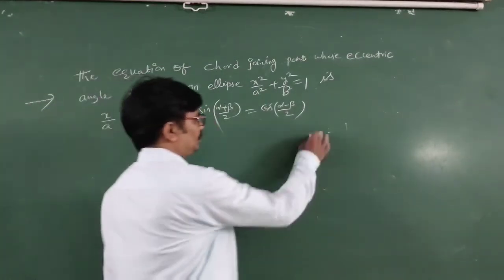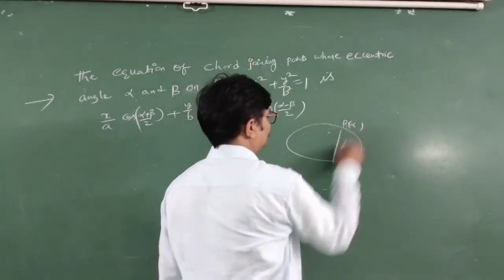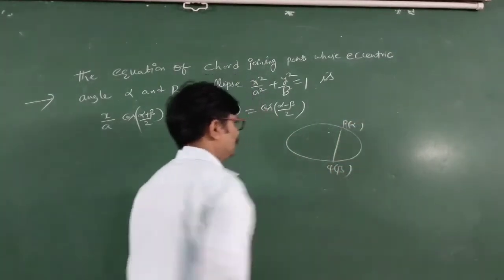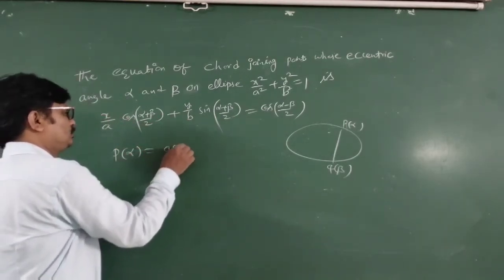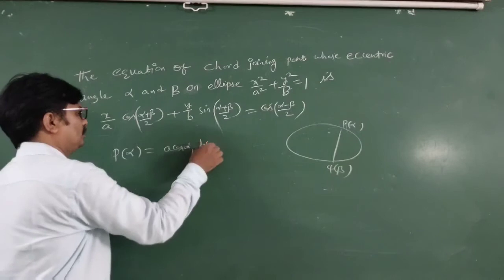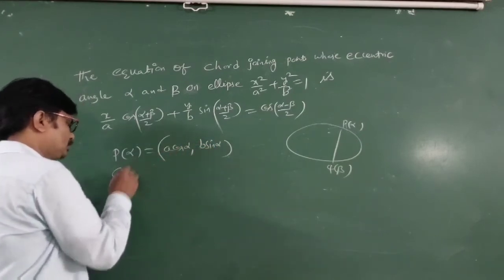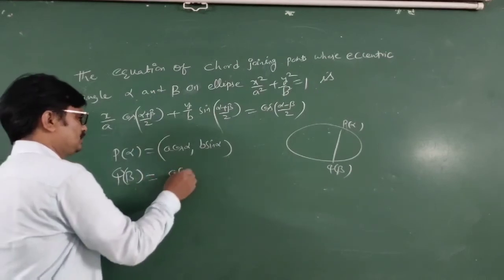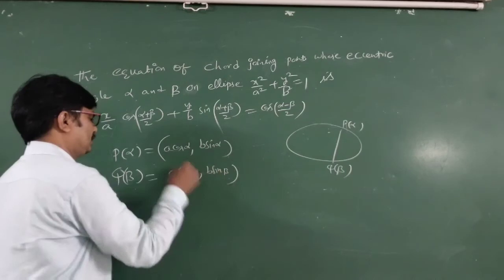So students, here this is the ellipse, this is P alpha, this is Q beta. P alpha is a cos alpha, b sin alpha. Q beta is nothing but a cos beta, b sin beta.